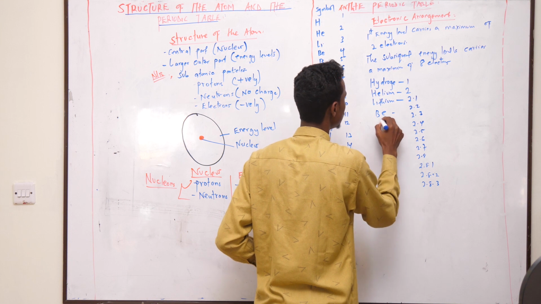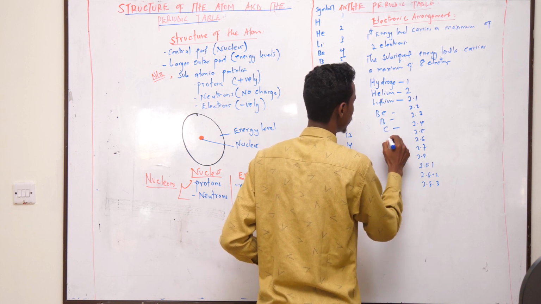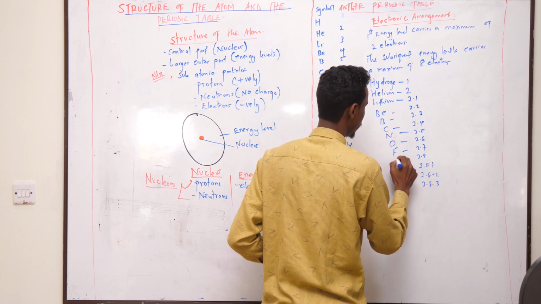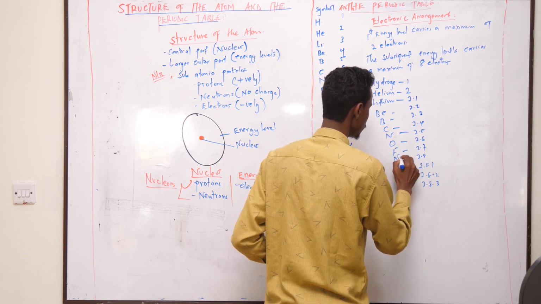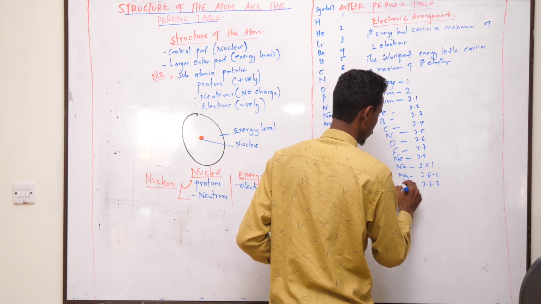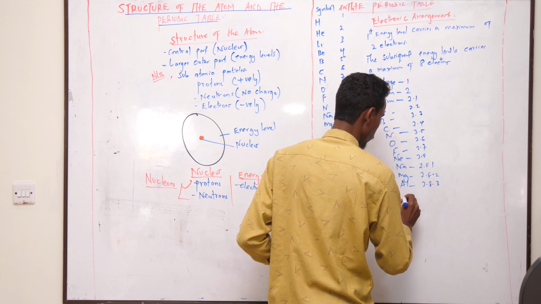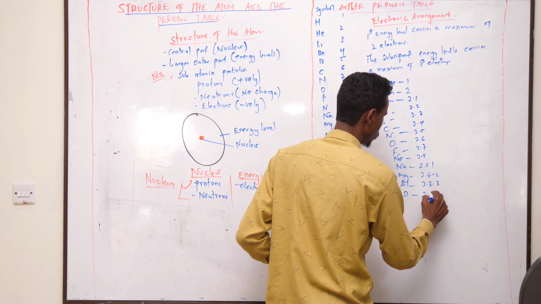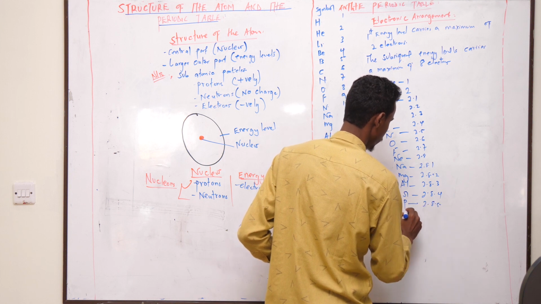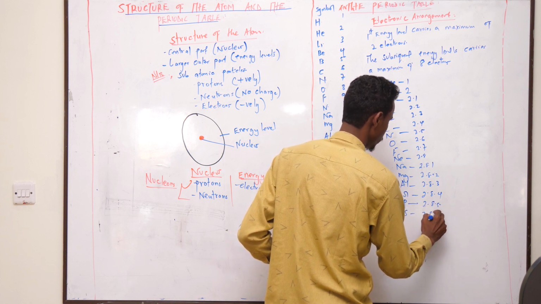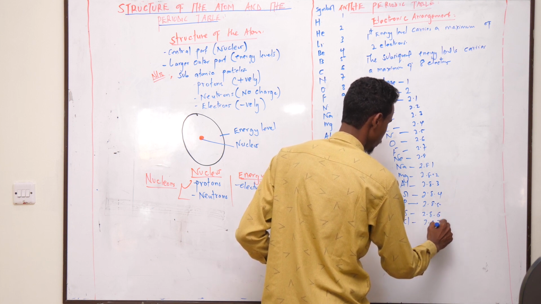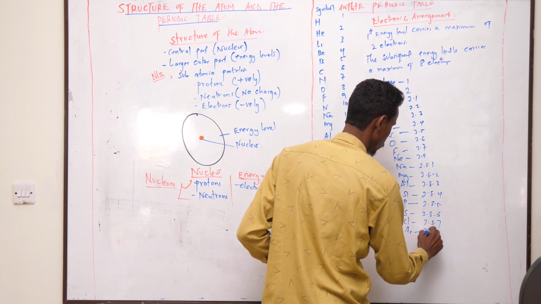Lithium, beryllium, boron, carbon, nitrogen, oxygen, fluorine, neon, sodium, magnesium, aluminium. Very good. Now let's look at silicon. It will be 2, 8, 4; phosphorus 2, 8, 5; sulfur 2, 8, 6; chlorine 2, 8, 7; argon 2, 8, 8.